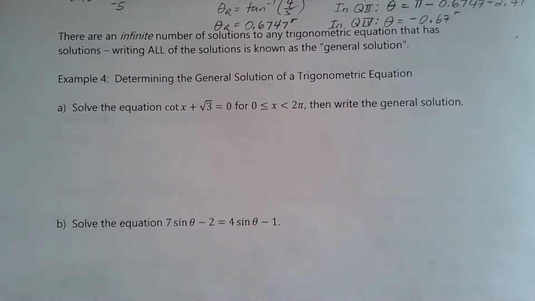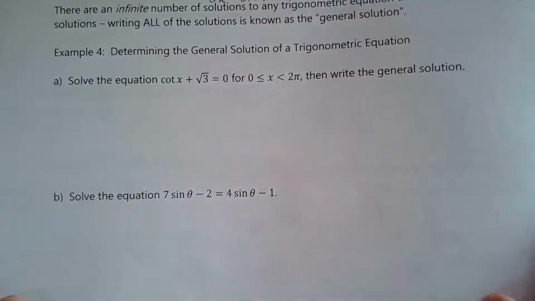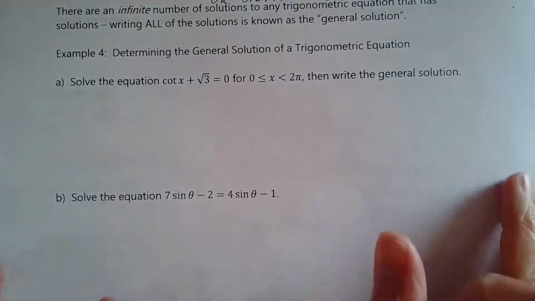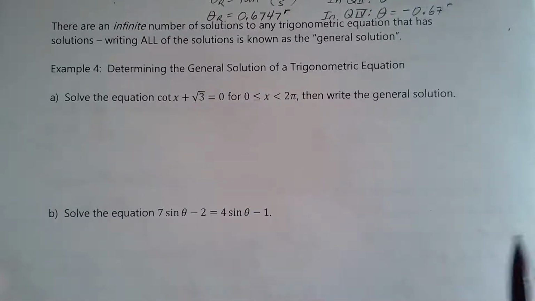Okay, now we're on the last example for today. We're going to take a look at determining the general solution. When we talked about this trig function, it just keeps going repeatedly over and over again.